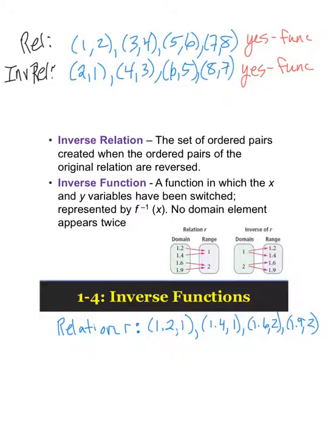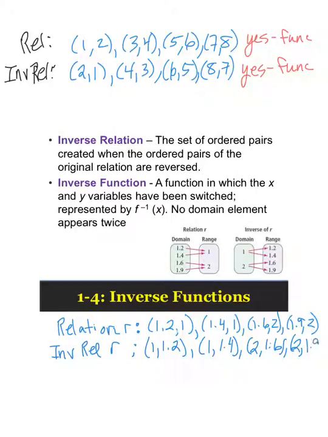And so the inverse relation R, I'm just going to switch the x and y values. So I get (1, 1.2), (1, 1.4), (2, 1.6), and (2, 1.9).